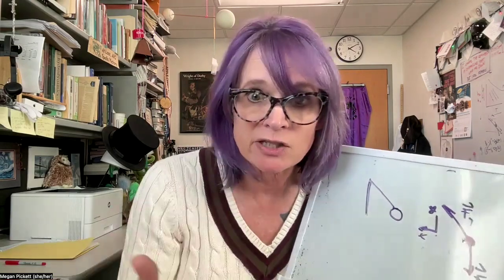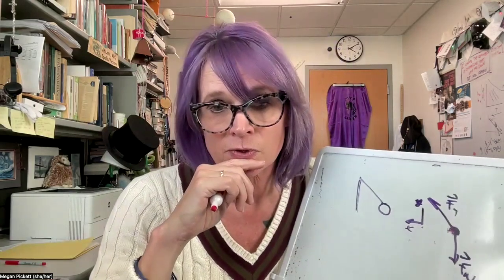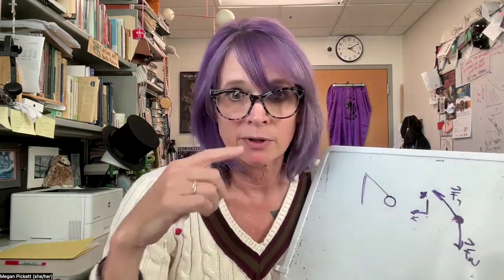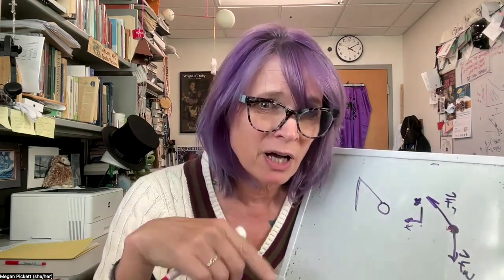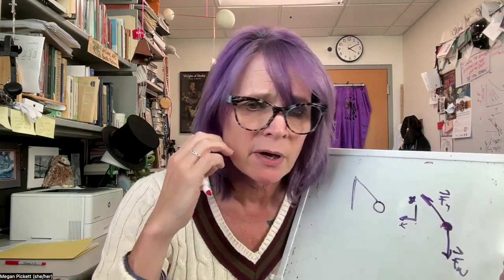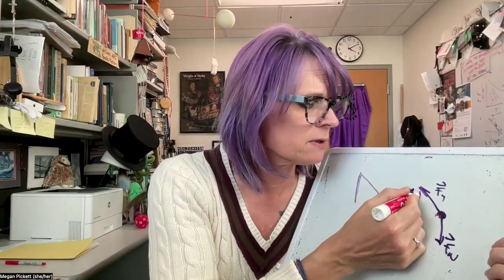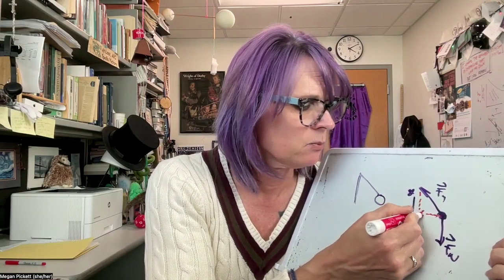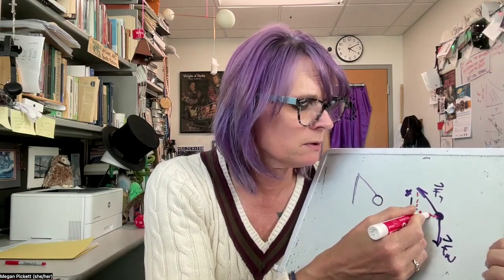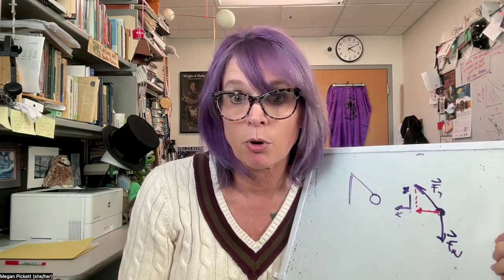It's the combination of all forces that point into the center of the circle. Your job, whenever you see uniform circular motion, is to find what forces are responsible for that motion. In this case, in the circular path, it was the x component of the tension. It was the only thing that pointed toward the center of the pole.